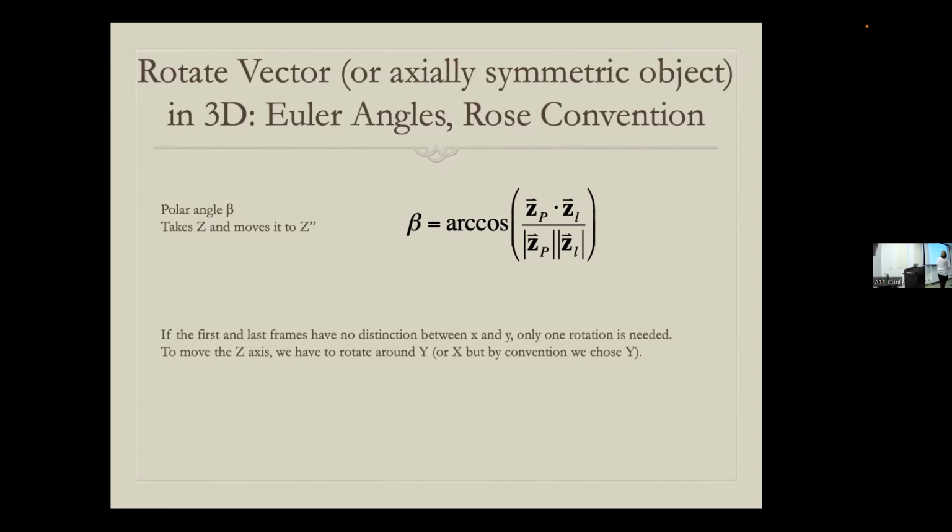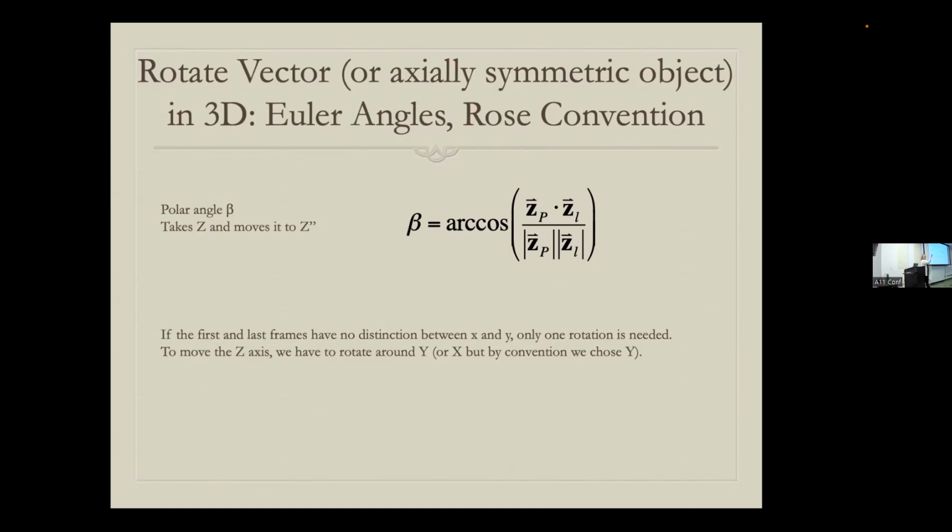Let's say we take a baby case, an easy case, where everybody's uniaxial. The shielding interaction is uniaxial. And by the way, our magnet is uniaxial because we haven't done anything that distinguishes X from Y in our magnetic field. Then actually it is just one angle. It's the polar rotation from the old Z being Z along the B naught field to move it to the Z axis of the crystal.